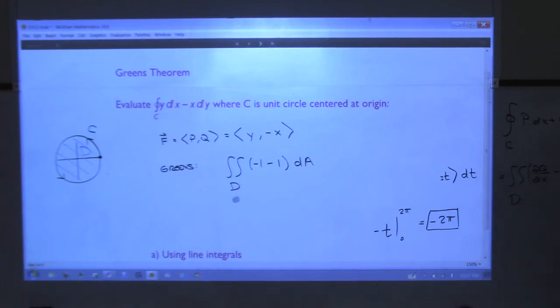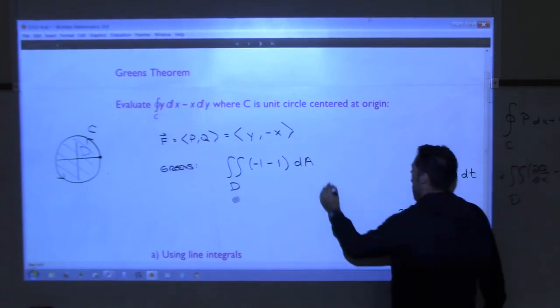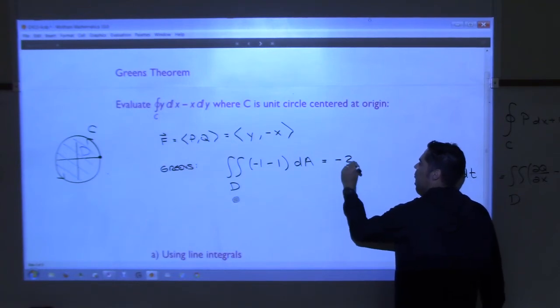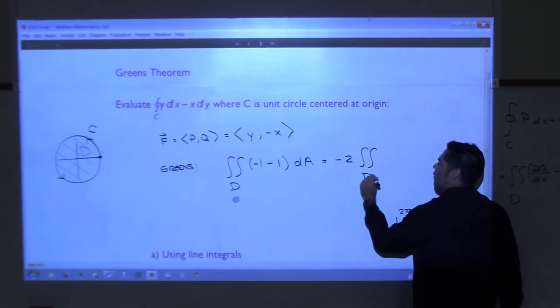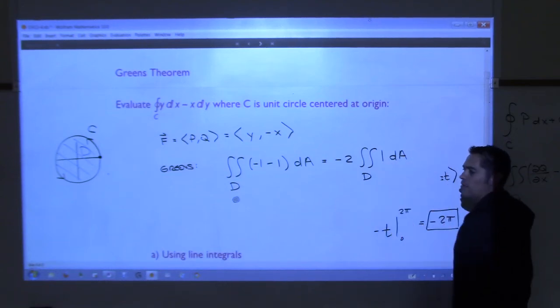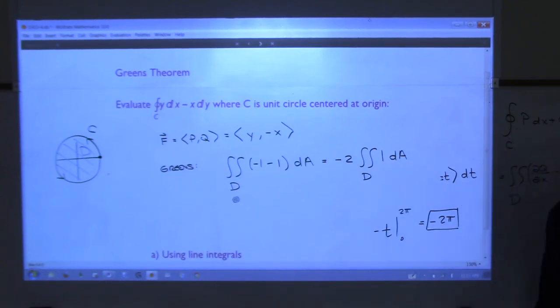Agreed? Now let's see just how good you are. This is really negative 2 double integral over D of 1 dA, right? Yes? You know what, Saba?